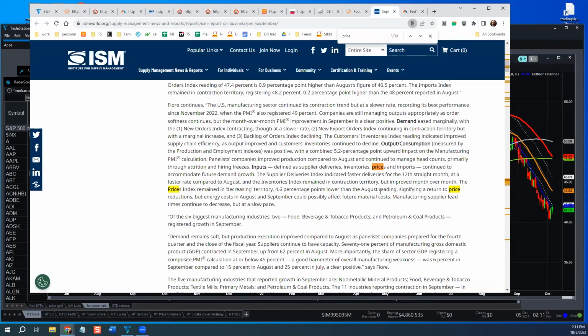They basically say the prices index, this is the manufacturing index, remained in decreasing territory, a pretty significant decrease of 4.6 percentage points, signifying a return to price reduction. And material manufacturing lead times continue to decrease at a slower pace. So basically, it's just interesting to see this is deflationary.